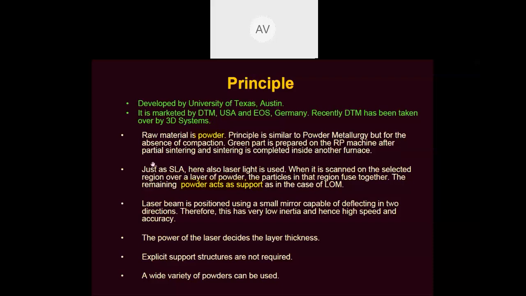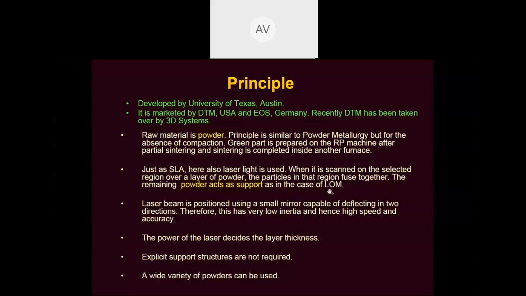Just as SLA, here also laser light is used. When it is scanned on the selected region over the layer of powder, the particles of that region fuse together, and the remaining powder acts as a support, as in case of LOM.